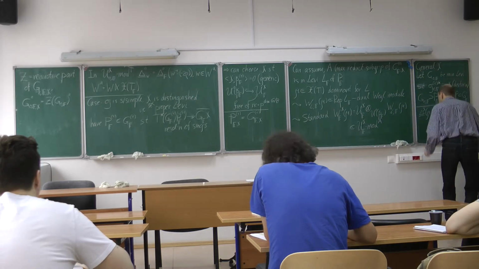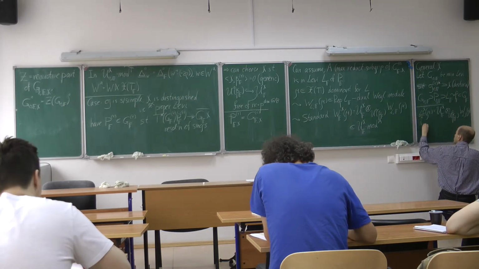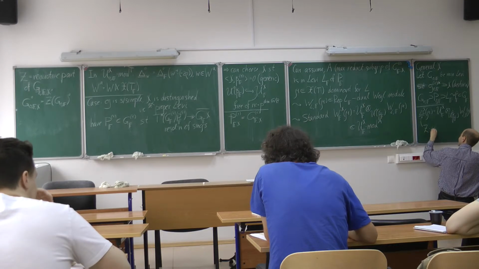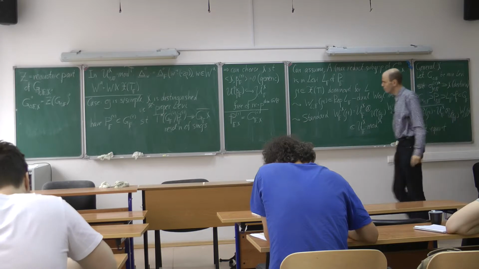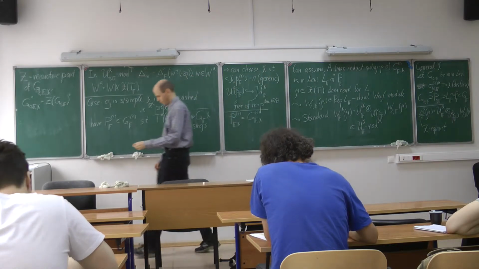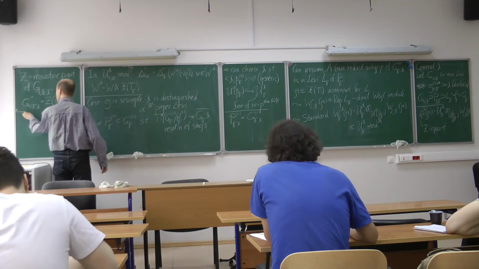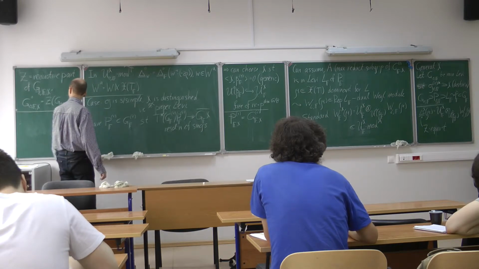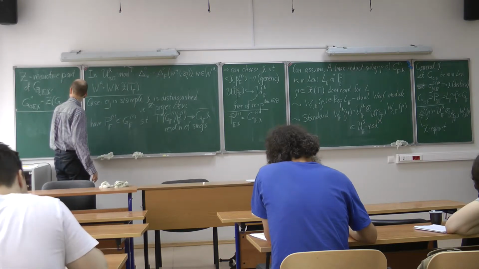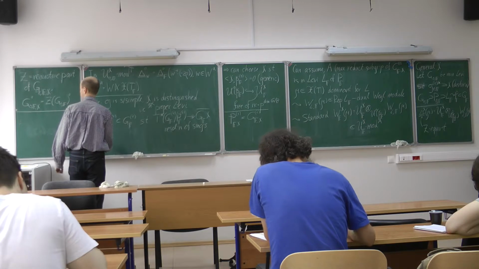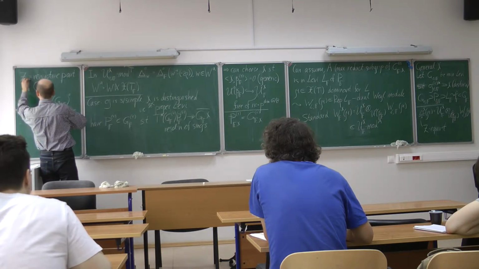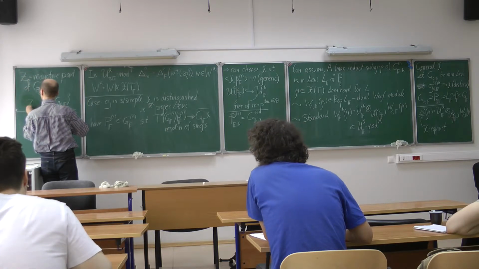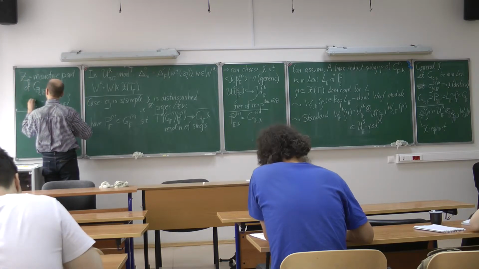So this is Z equivariant. Oh, sorry, it should be Z sub chi, and I take the connected component of Z sub chi.